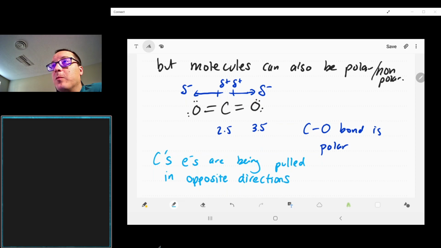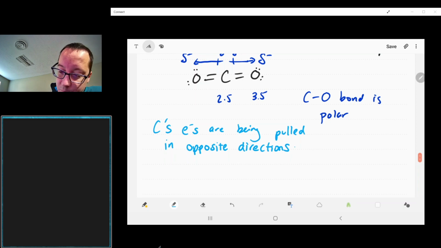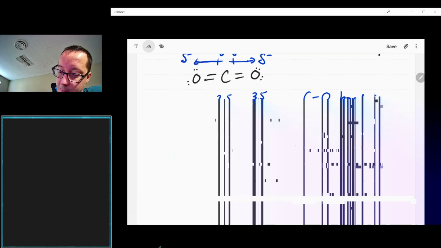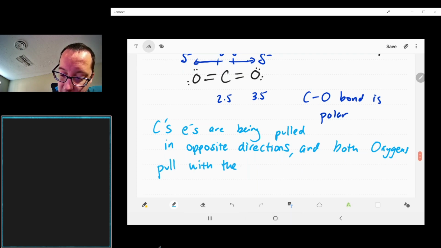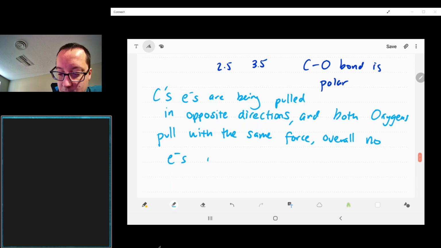One oxygen is pulling those electrons to the right, the other oxygen is pulling them to the left. And since it's the same thing on both sides, both oxygens pull with the same force. Overall, no electrons move.